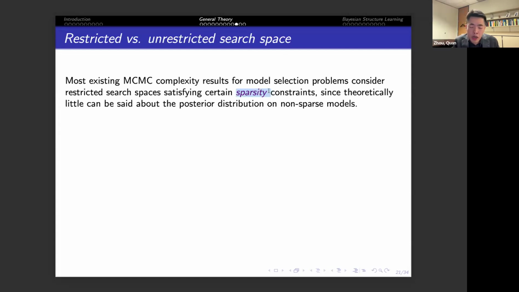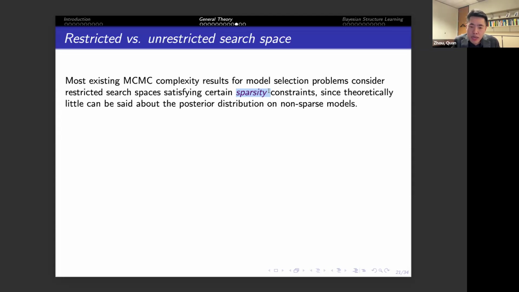So you have to make some assumptions on the sparsity of your underlying model, so that you will be able to achieve, for example, posterior contraction, or prove the sampling complexity. And theoretically, this is because we are considering a high-dimensional regime, and if you don't impose any kind of sparsity constraints, then you won't be able to say anything about the behavior of the posterior distribution on non-sparse models. It can just be very weird. We cannot really say anything about it.